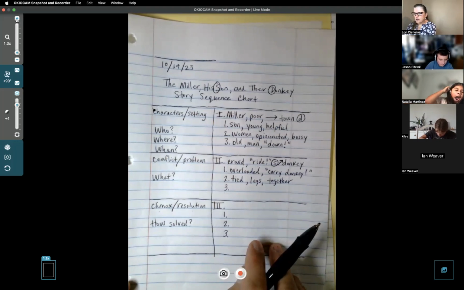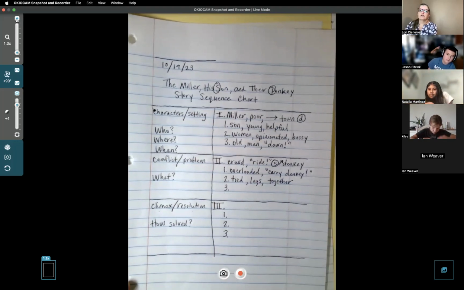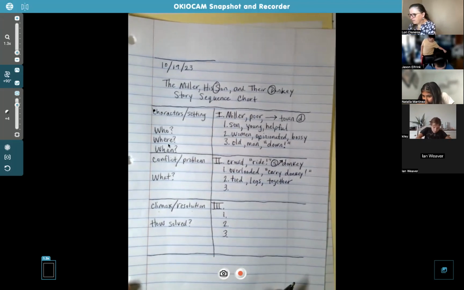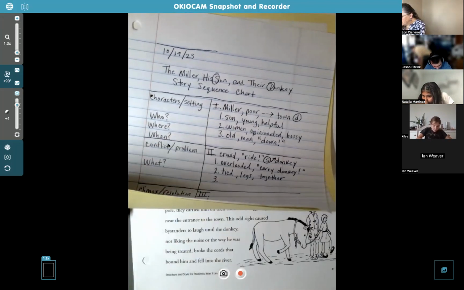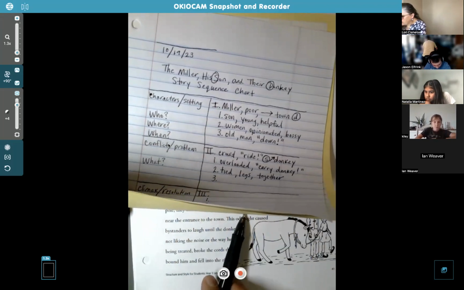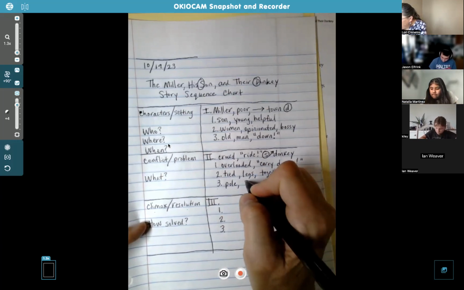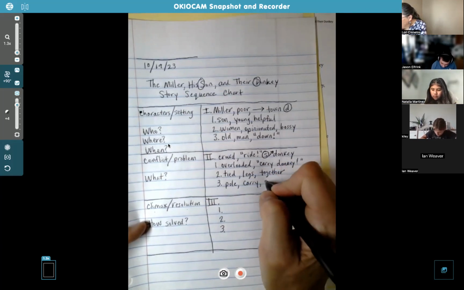So what did they use to carry the donkey? I think, yeah. And then they carried him on their shoulders. So let's put pole, shoulders.